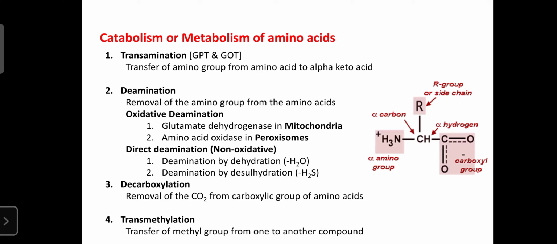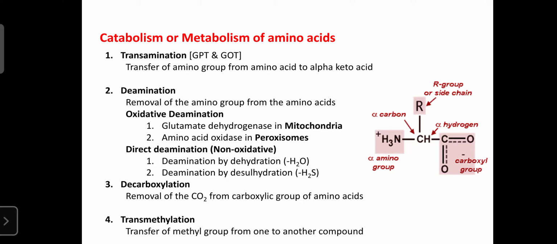It is responsible for the formation of alpha keto acid, and from the alpha keto acid it is involved in the formation of glutamate. So in that reaction, the amino group is transferred from the amino acid to the alpha keto acid.